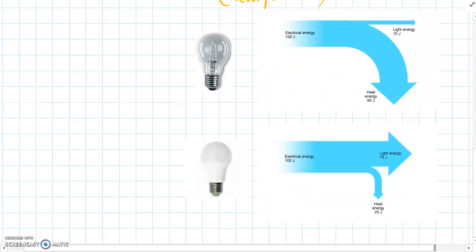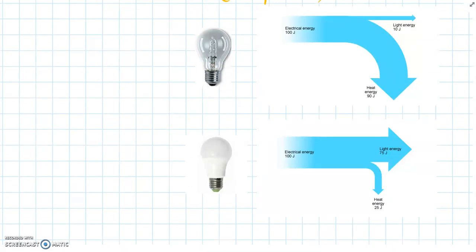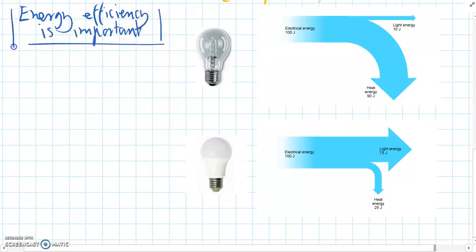One more example that we'll look at is to do with light bulbs, because energy efficiency is really important in everyday life. Energy efficiency is important, and there are quite a few reasons for this.